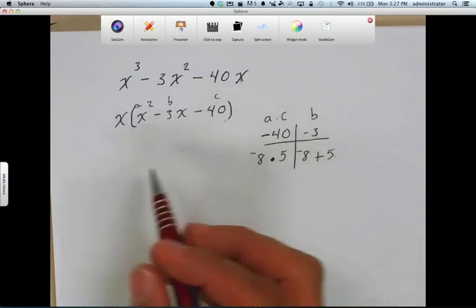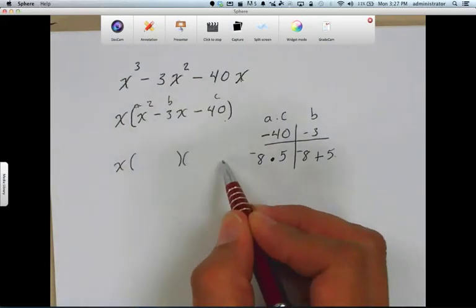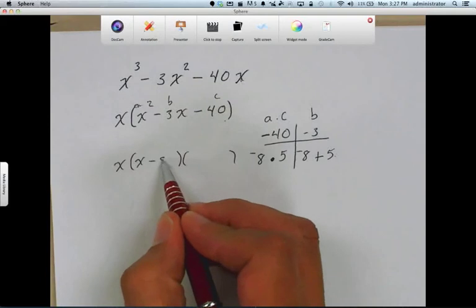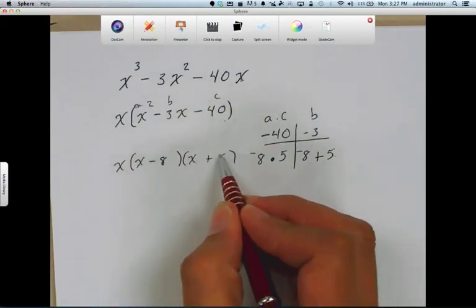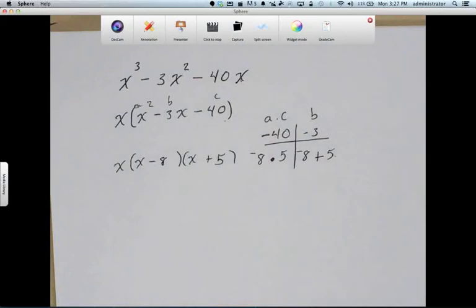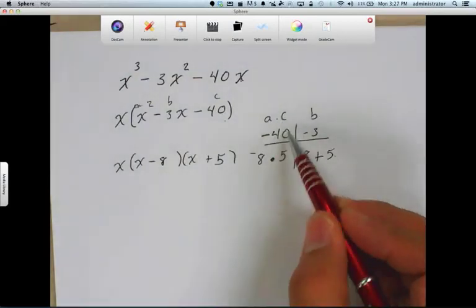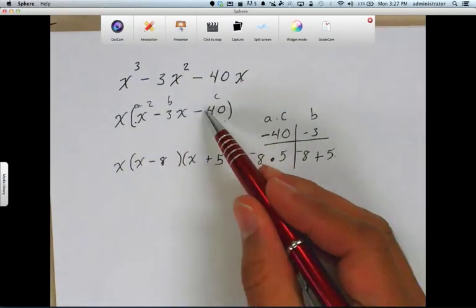So my answer here is going to be x, and then I have x minus 8, and then I have x plus 5. So again, you have to remember that when you multiply a times c, a is 1 in this case, times negative 40 is negative 40.